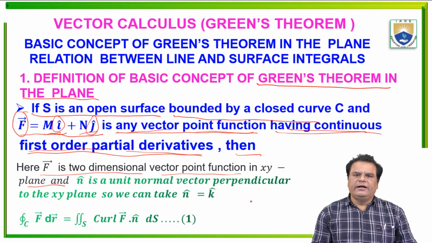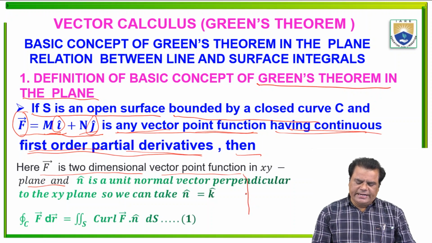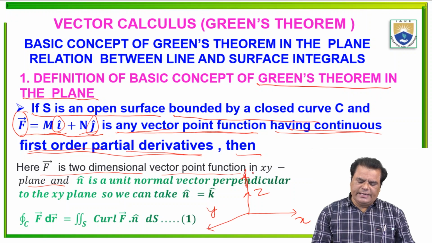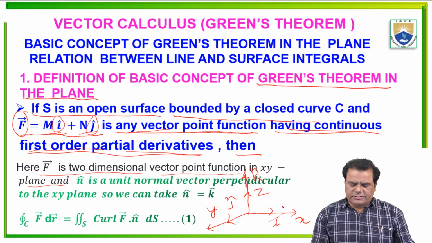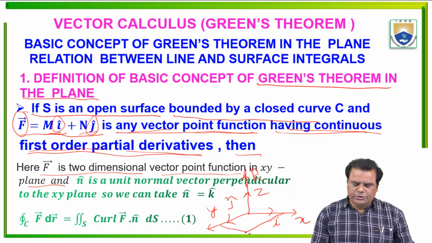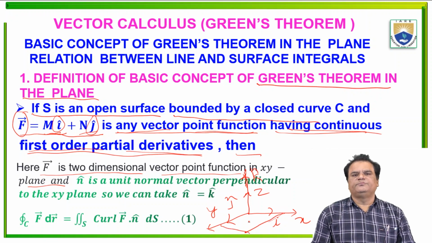So I want to discuss here, this is the z-axis, this is the x-axis, and this is the y-axis. This is i cap, k cap, this is j cap, and this is i cap. Clear? So this is the xy plane.